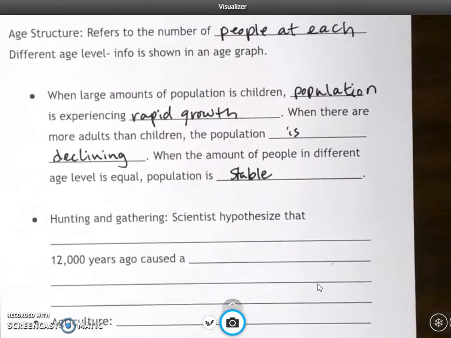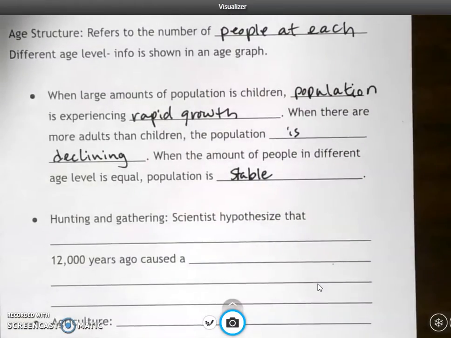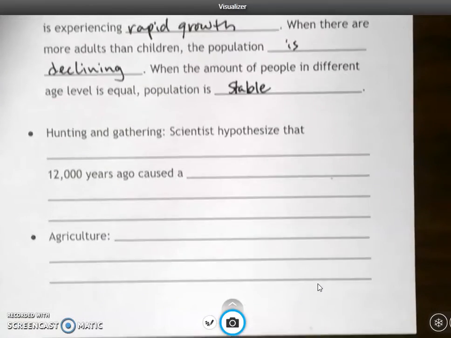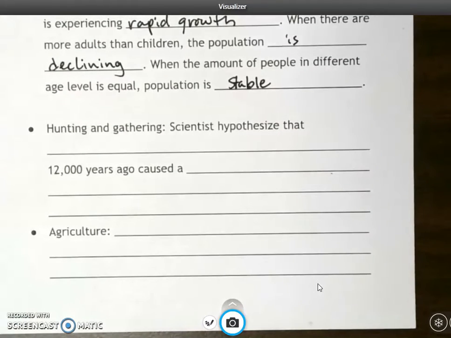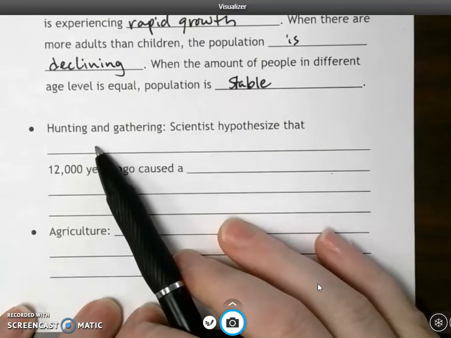Now, there have been some things in human history that have affected our human population size. One of those was hunting and gathering.